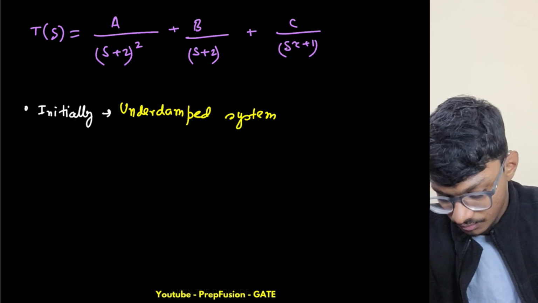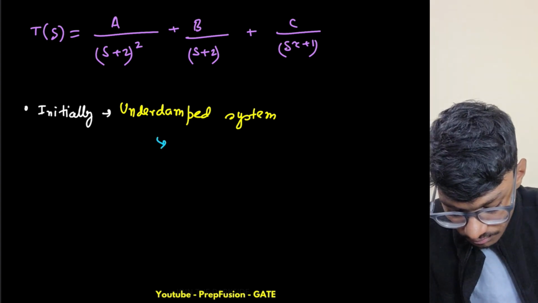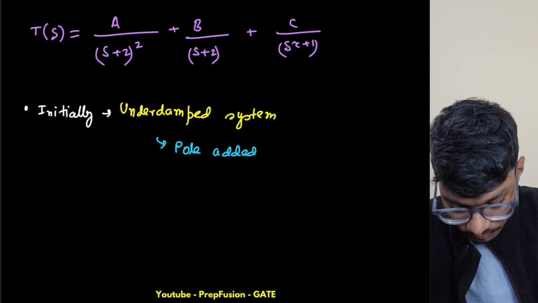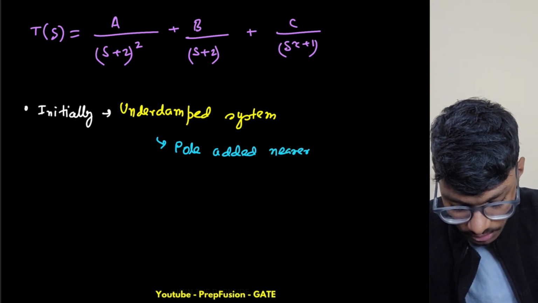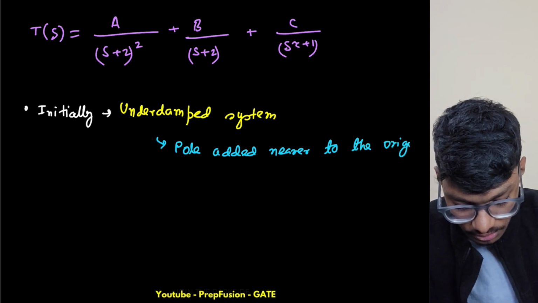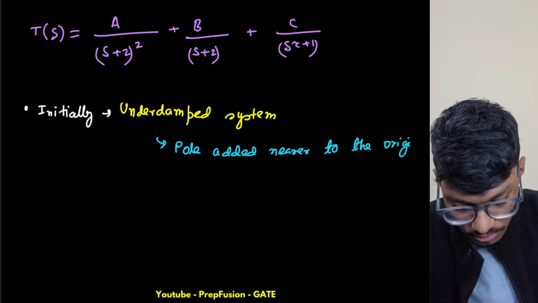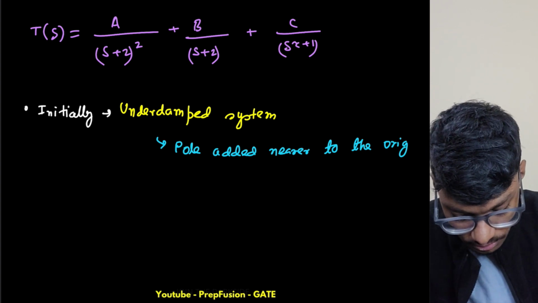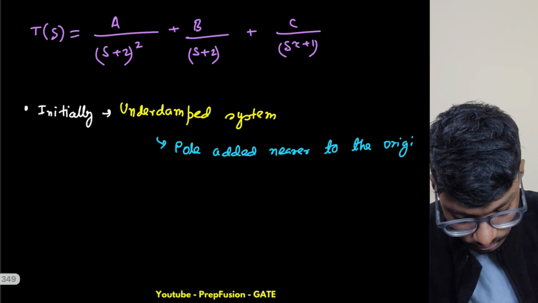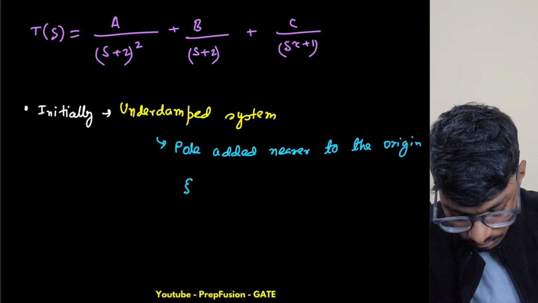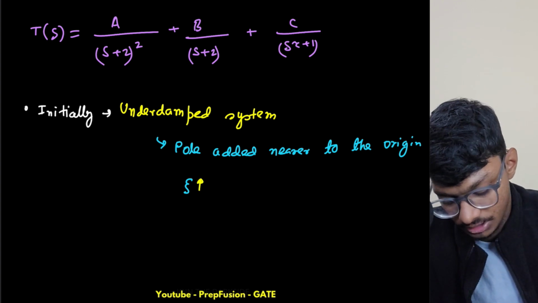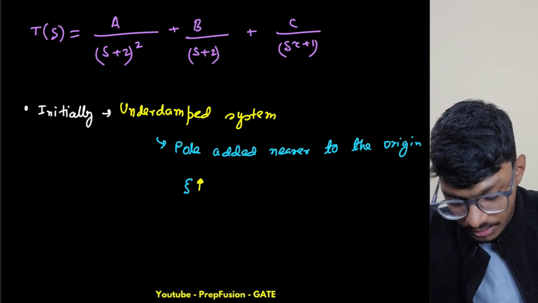Nearer to the origin, zeta increases, as the system becomes overdamped.